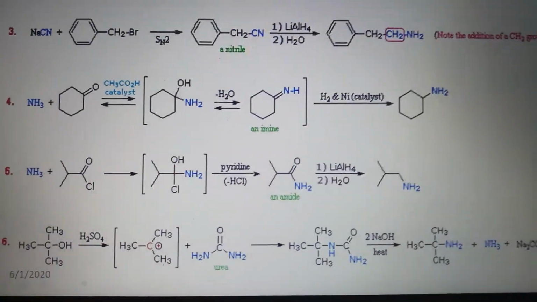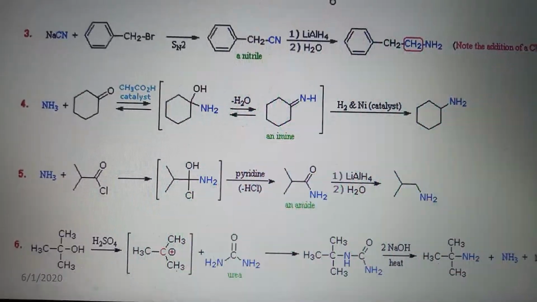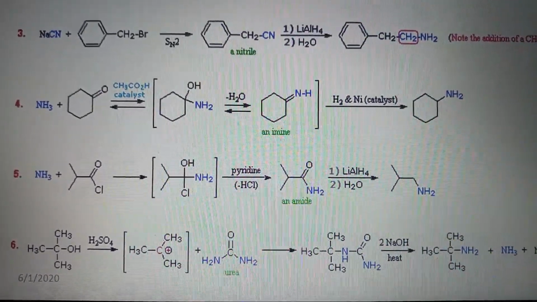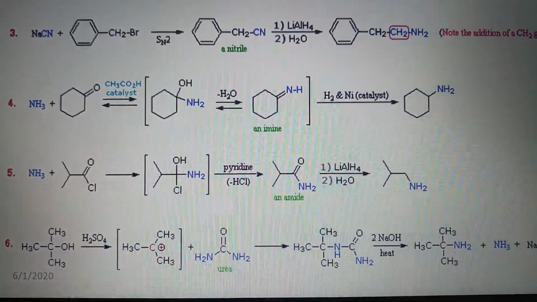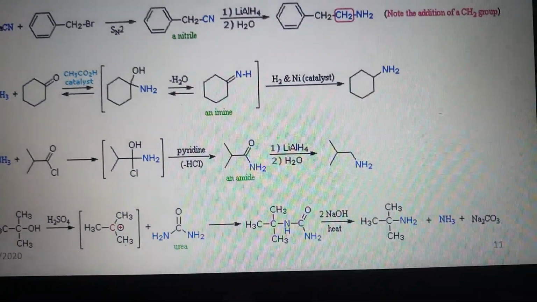You can see here it is a 3-degree alkyl group. As the carbocation is the electrophilic species, the resulting 3-degree alkyl substituted urea is then hydrolyzed to give the amine.